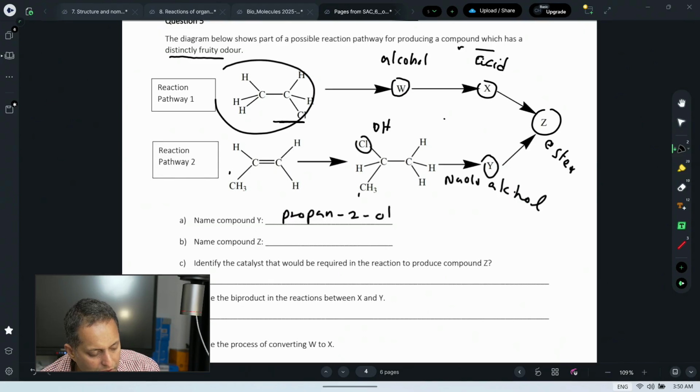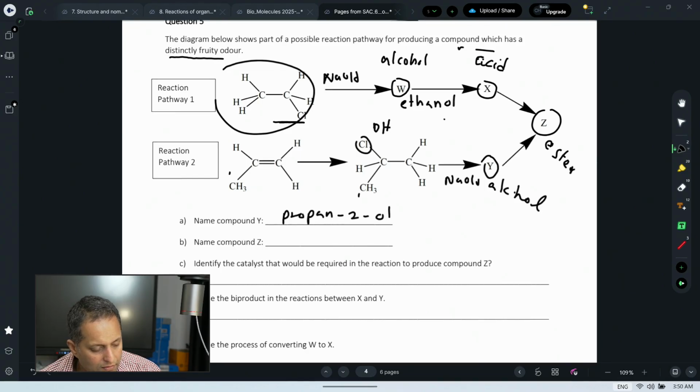Then you can substitute that with, again, potassium or sodium hydroxide. Then this becomes ethanol. We can oxidize ethanol into ethanoic acid. So X has to be ethanoic acid.